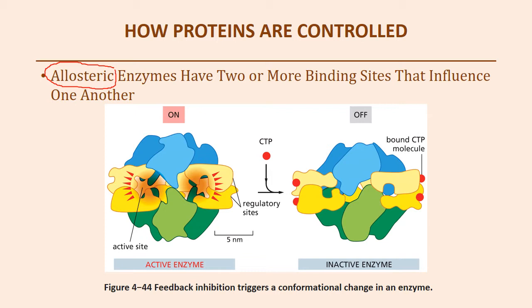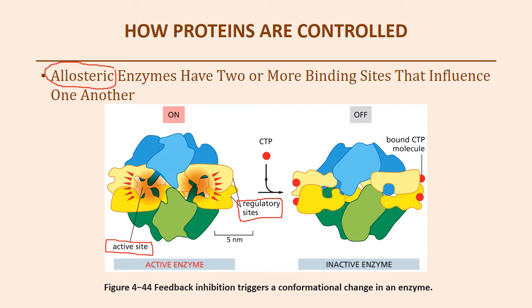They have a binding site that's labeled their active site, which is where they can interact with their substrate. And then they have a secondary binding site that's going to be labeled a regulatory site. On this regulatory site, they're able to interact with regulatory molecules, which will be a fantastic way to control when the enzyme is active and when it's inactive.